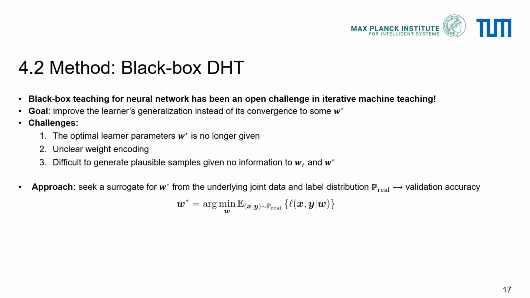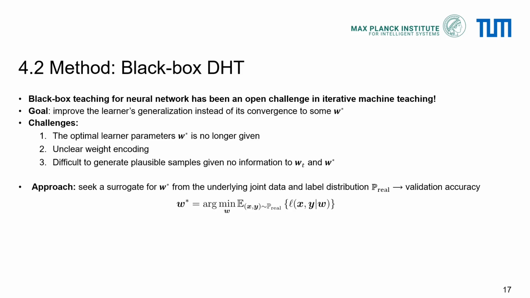So now we come to the black box DHT. First of all, the black box teaching of neural networks has been an open challenge in iterative machine teaching. The goal is now different, so we are now trying to improve the learner's generalization instead of the convergence, because we don't have W star. It has many challenges.